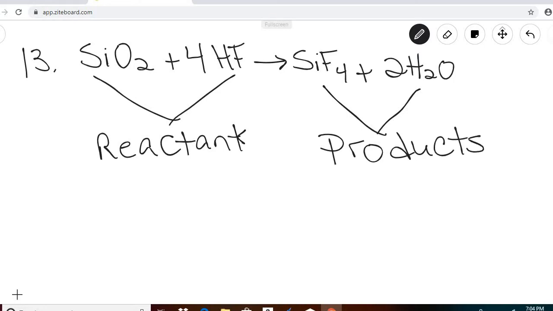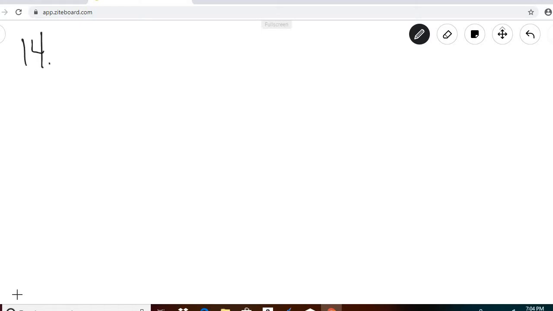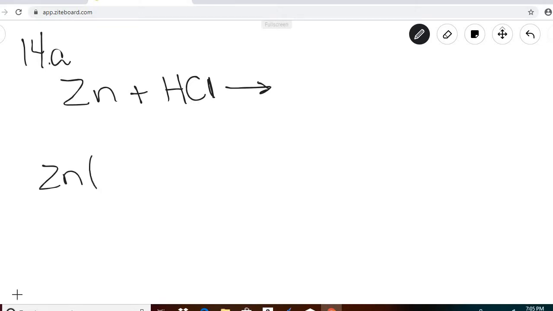Okay, now we can go on to number 14. And 14 has A, B, C, D, E, so we will do all of those. 14A, we are told, it said solid zinc reacts with liquid hydrogen monochloride, and it makes solid zinc chloride.